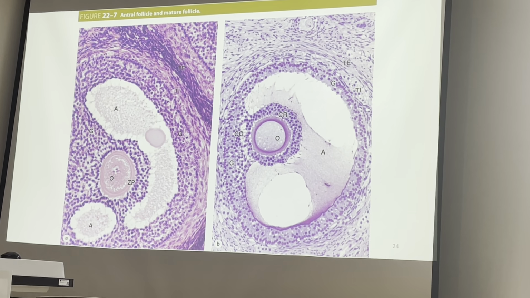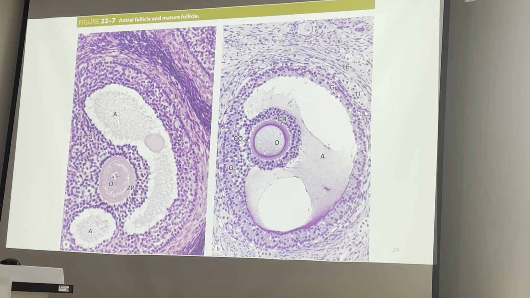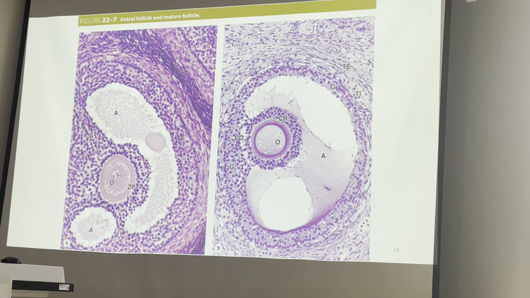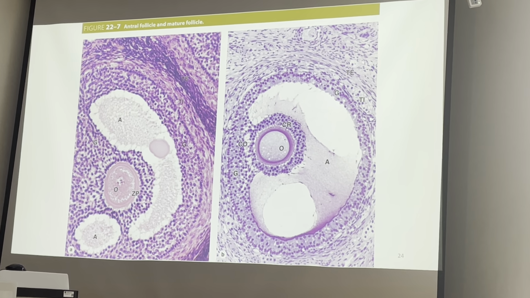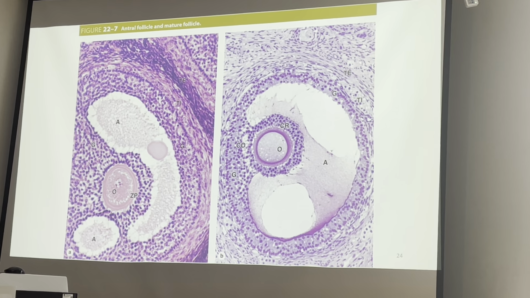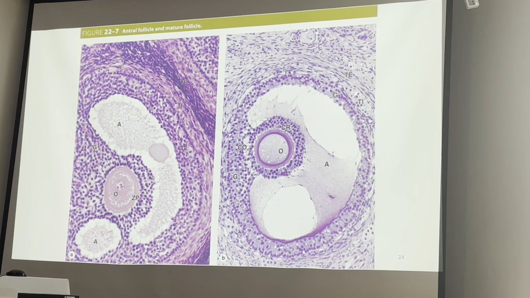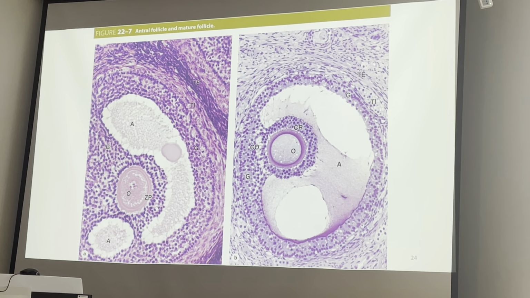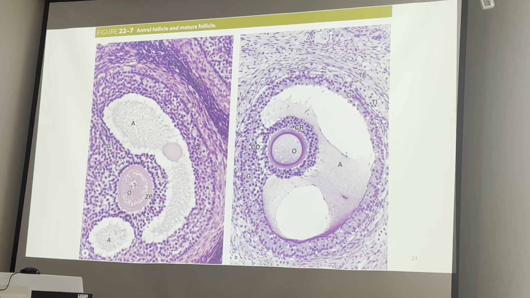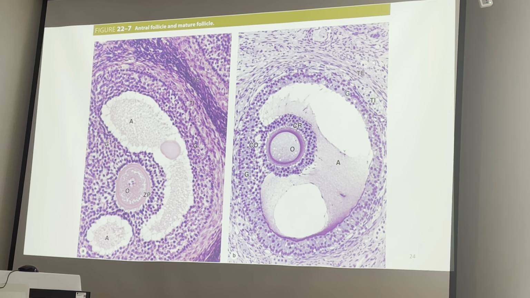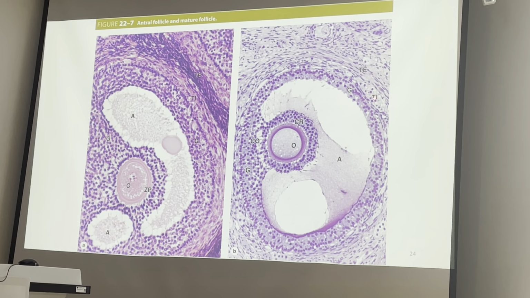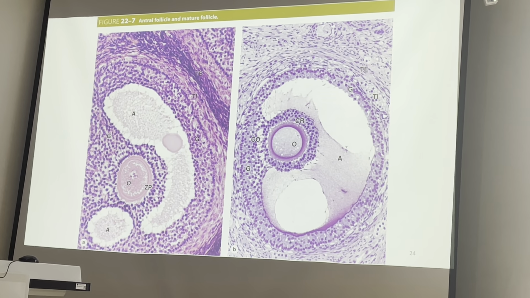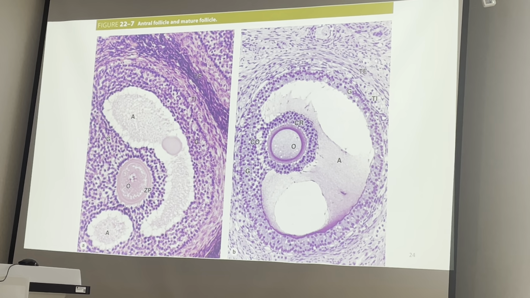Androgen producing cells, and because of the lipid structure of these products, you can see clear cytoplasm in the inner side of the theca interna cells. And also we have a high amount of vessels or capillaries on this side.